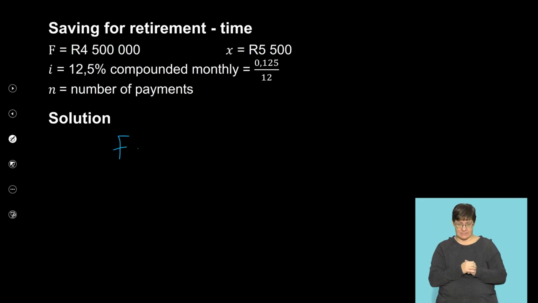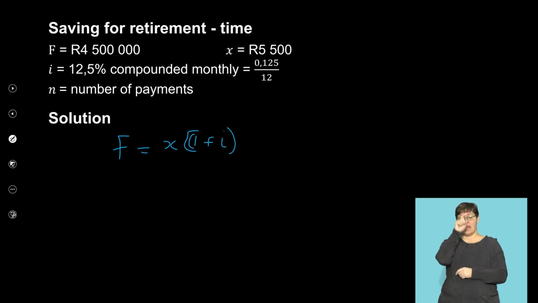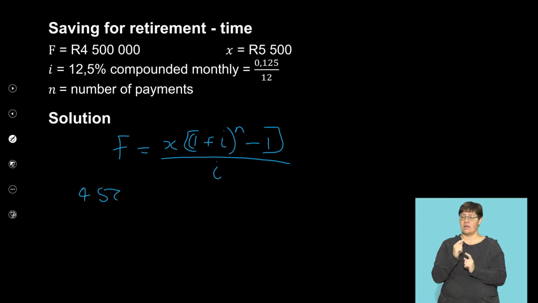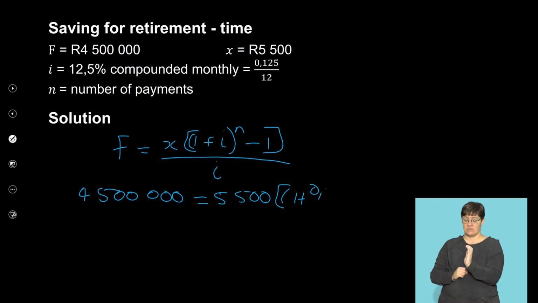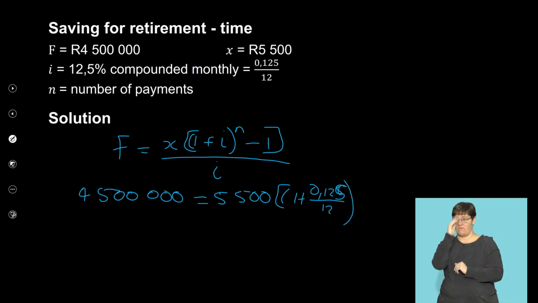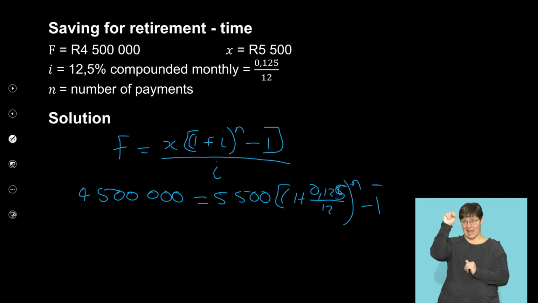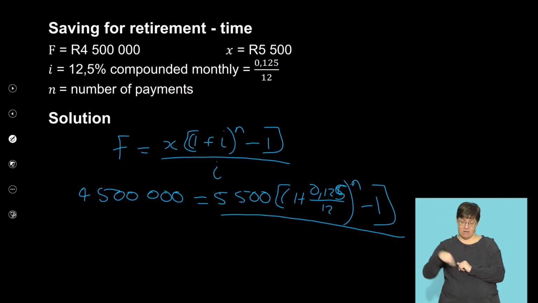So remember again, my formula, X into 1 plus i, all to the exponent of n, minus 1, divided by i. And then I know that my future value is the 4,500,000 equals 5,500, and this into 1 plus 0.125 divided by 12, all to the exponent of n, which I don't know, and all of this is divided by 0.125 over 12.